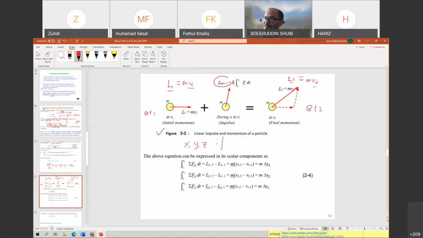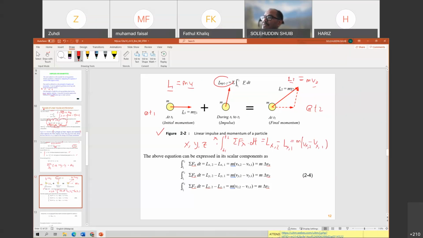We have t1, t2, and this is the summation of Fx dt. This time we take the x component. So we write Lx2 minus Lx1 equal to m(vx2 minus vx1).